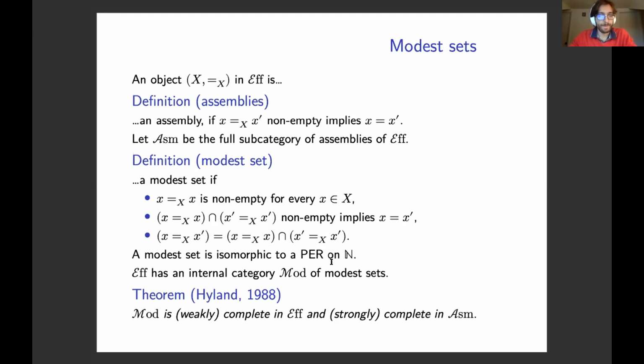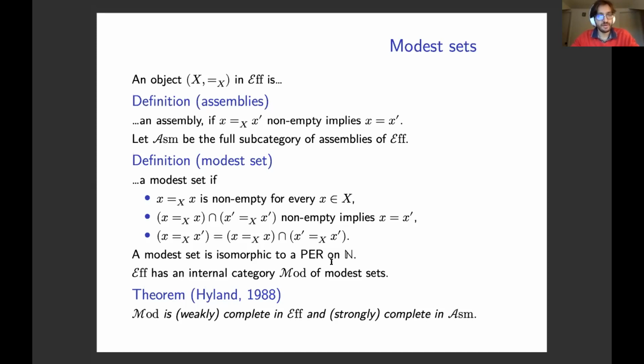Then we have model sets, which satisfy these three conditions. And the idea about model sets is that they are completely realizable objects.